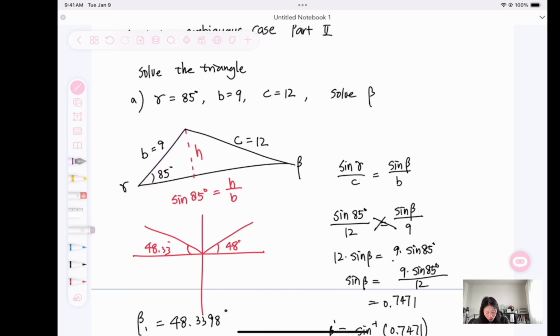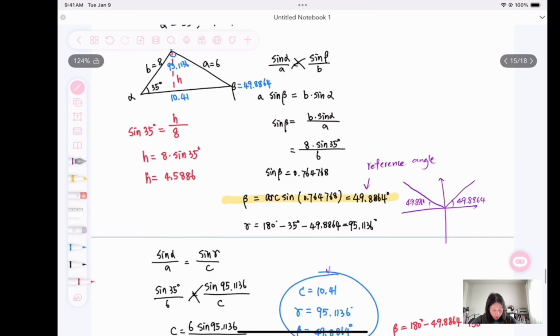And then h is equal to sine 18.5 degrees times b, and b is equal to 9. So h is 9 times sine 18.5 degrees. Let me use GeoGebra. It's 5.142, which is less than c.